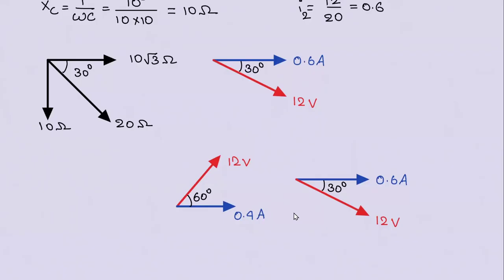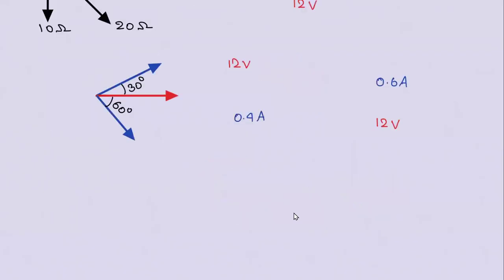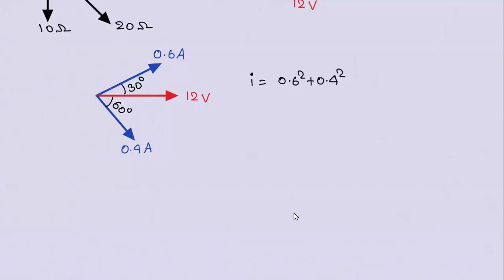Done. Yes, perfect. So I need to be a little more careful while copying. This is 12 volt, 0.4. Now to find the net current, you can calculate it. You can check the angle is 90 degrees, right? So Pythagoras theorem, square root of 0.6 squared plus 0.4 squared. That's it.